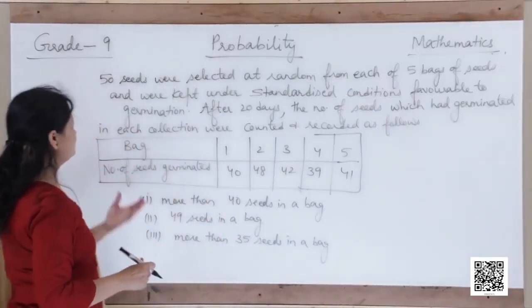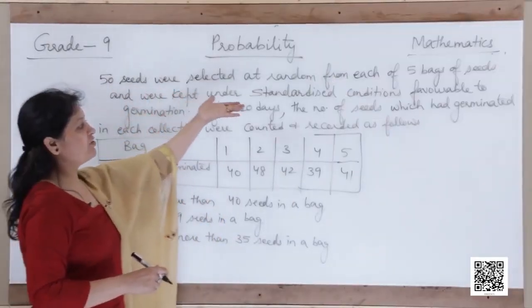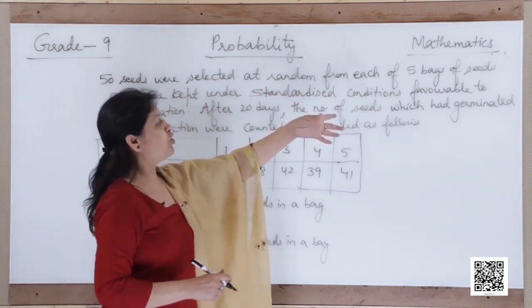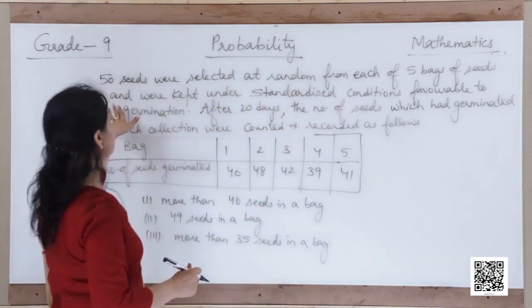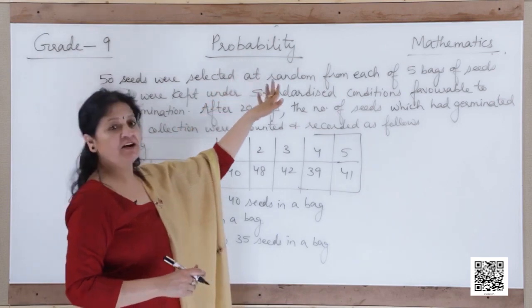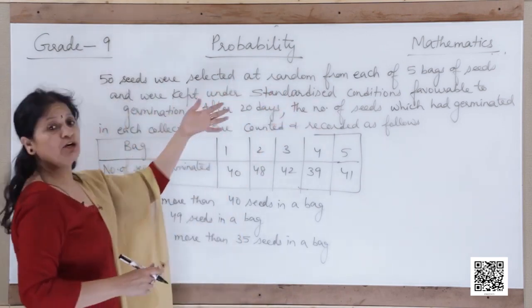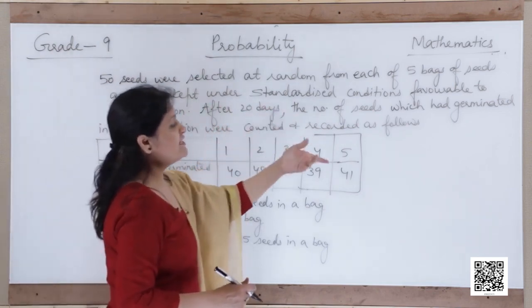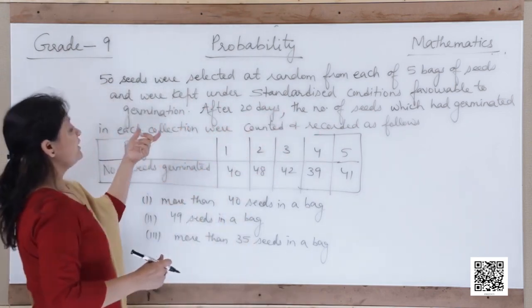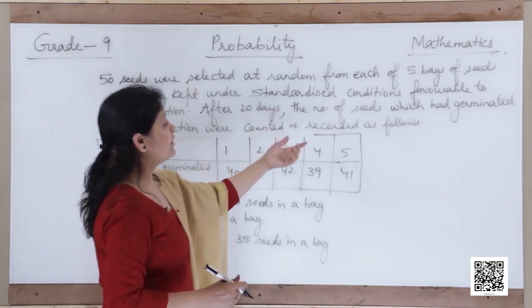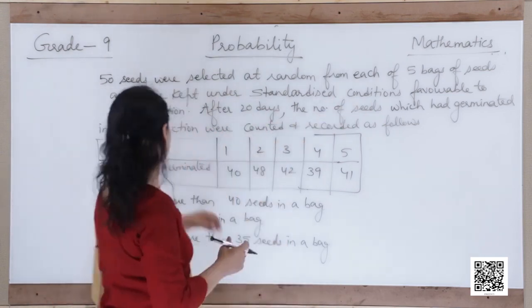One more example. 50 seeds were selected at random from each of 5 bags of seeds and were kept under standardized conditions favorable to germination. After 20 days, the number of seeds which had germinated in each collection were counted and recorded as follows.